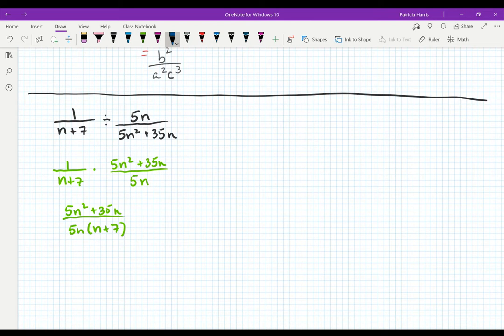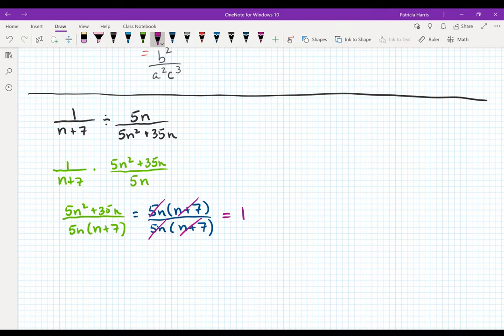So I look at the numerator, I look at the denominator and say, can I factor something out? So on the top, I can factor out a 5n. On the bottom, I left it factored. Okay, so now I'm looking for matches. Okay, notice that everything divided out, so my answer is 1.